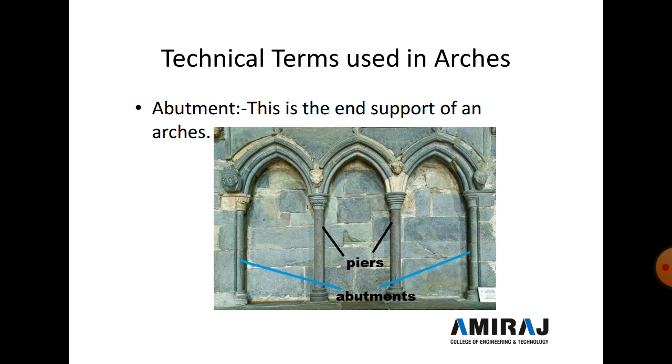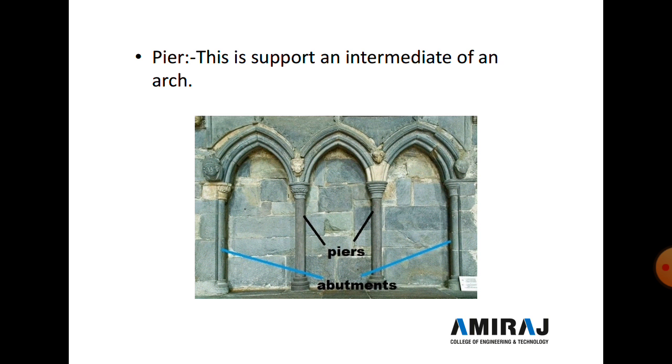Now next are some of the technical terms used in arches. So first technical term is abutment. This is the end support of the arch. So see this figure, a pillar is provided at the arch, or end support is provided at the arch, so it's called an abutment. Now next technical term is pier. The intermediate support of the arch is called a pier. So here pier is an intermediate support in an arch, and abutment is an end support of the arch.